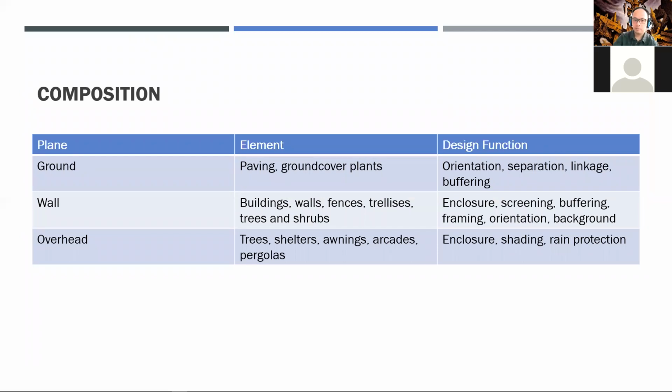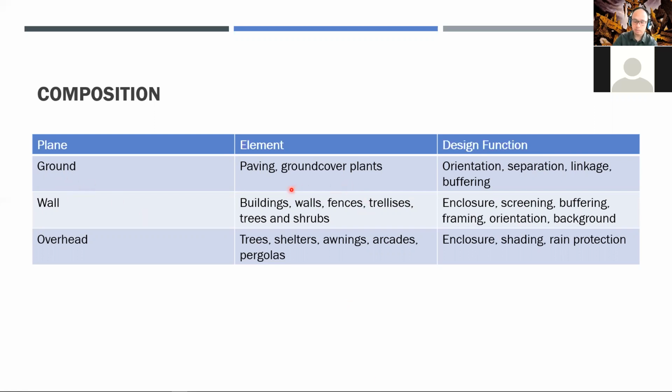Now, every built environment can be viewed as a three-dimensional design that, at its most basic sculptural level, is composed of masses and voids. And these three-dimensional compositions are defined by the ground or floor plane, the vertical or wall plane, and in many instances by the overhead or ceiling plane. And the spatial organization and articulation of these three planes can achieve many important design objectives as demonstrated in the table in front of you.